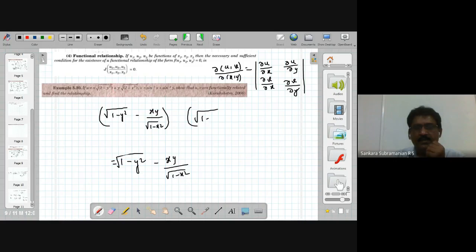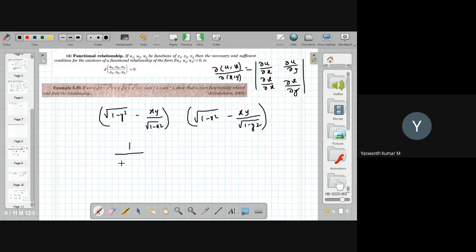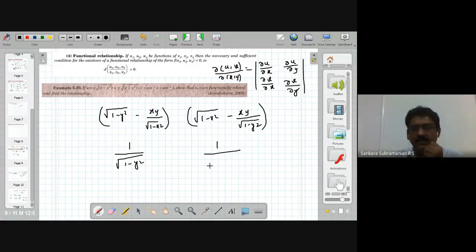Square root of 1 minus x square minus xy by square root of 1 minus y square. Okay. Then, what is dou v by dou x? Anyone? 1 by square root of 1 minus y square. This is 1 by square root of 1 minus x square.